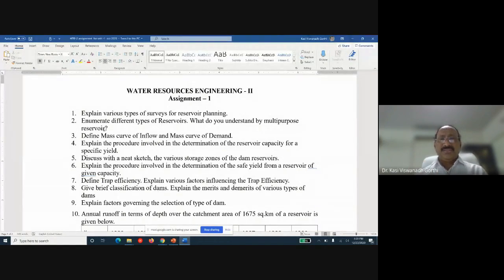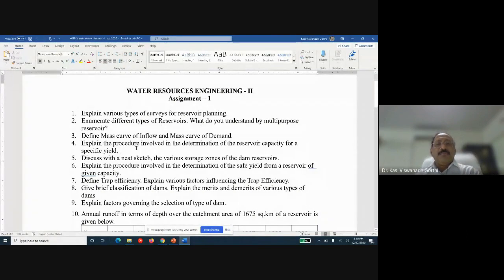That is a single purpose. Multi-purpose is something like domestic water supply to a particular town, and along the length of the canal, the canal may be meeting the water requirement for irrigation. Then it becomes multi-purpose.